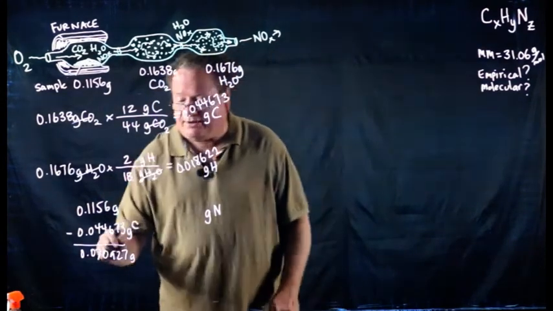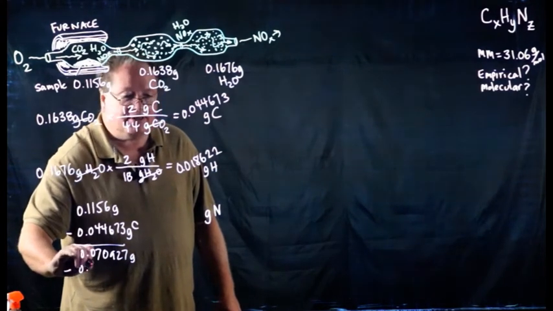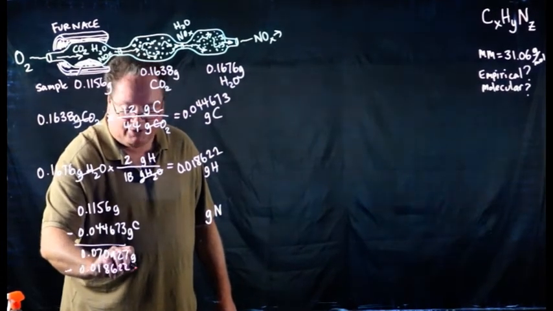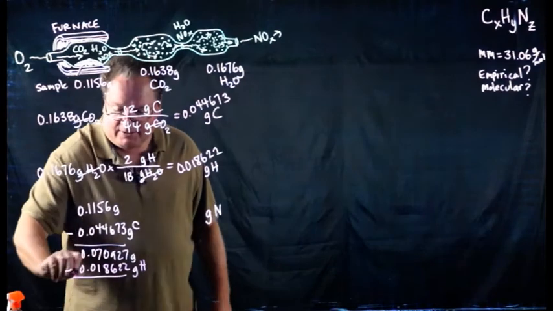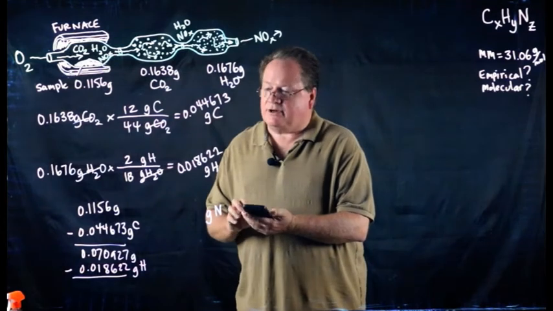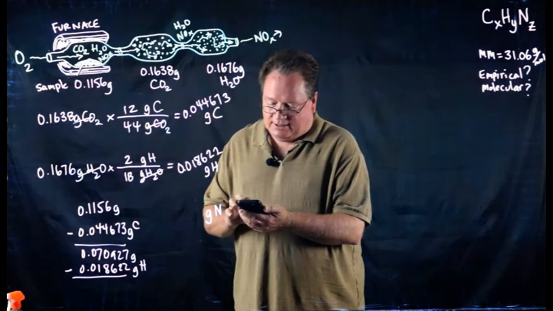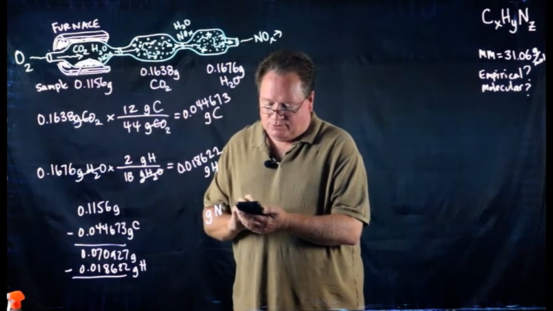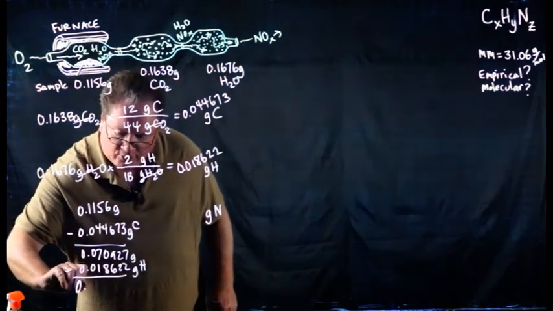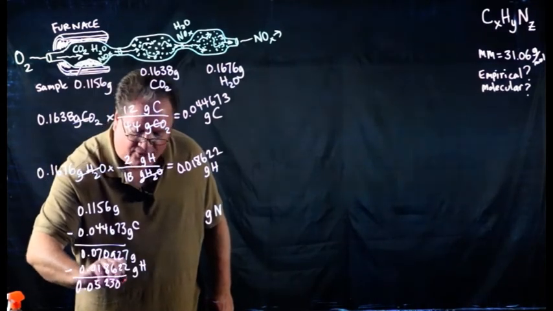Let's take the hydrogen out. So from this number, I'm going to subtract 0.018622. I take that number and subtract 0.018622, and I get 0.052305.